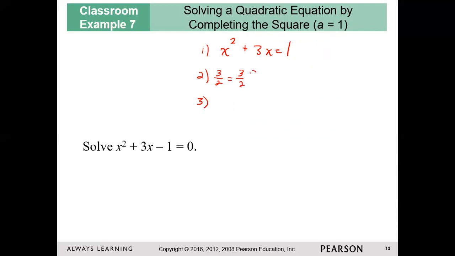Step 3, remember, keep this result in mind. You're going to use it again. Step 3 is to square the result, so I'm going to take 3 halves and square it, which is going to give me 9 over 4.